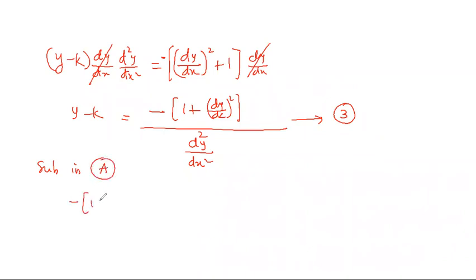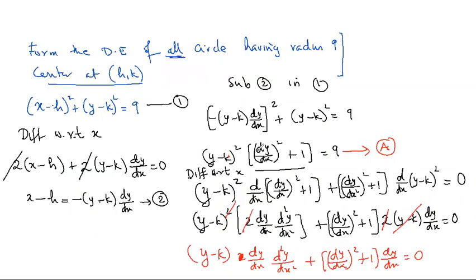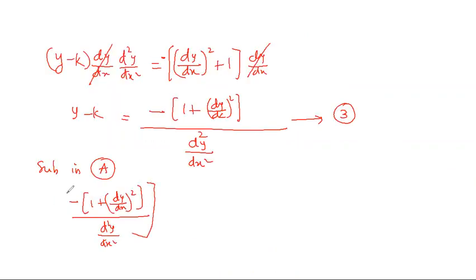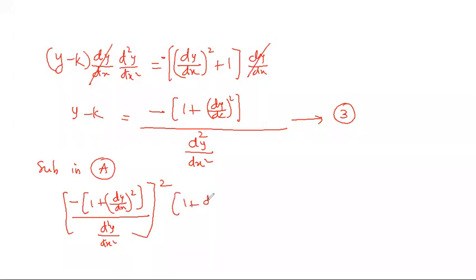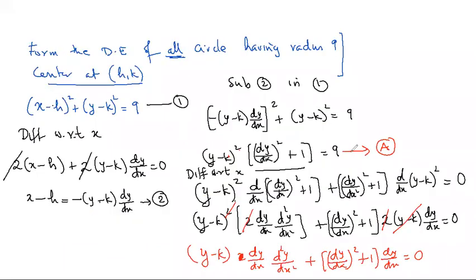So minus 1 plus dy by dx the whole square into d square y by dx square. y minus k the whole square is there, so square it. Then multiply with 1 plus dy by dx the whole square, then equal to 9.